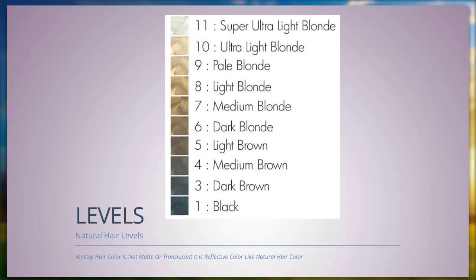Awesome. Excellent. So we want to remember that these hair colors match natural hair levels. So we call them reflective hair color, right? So they're not going to look like that dark matte color that you're going to get from some of these color lines that make these, we'll call them fashion colors, right? Sometimes when you look at those colors, they're very, very solid and look like candy.